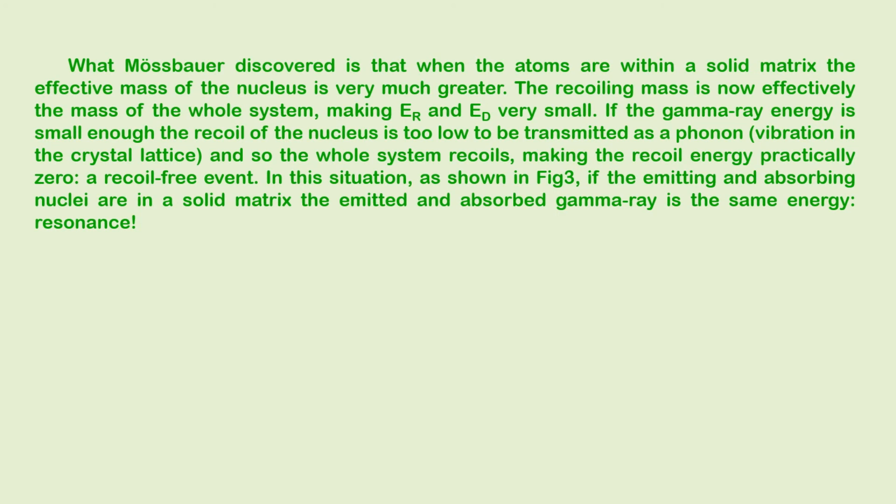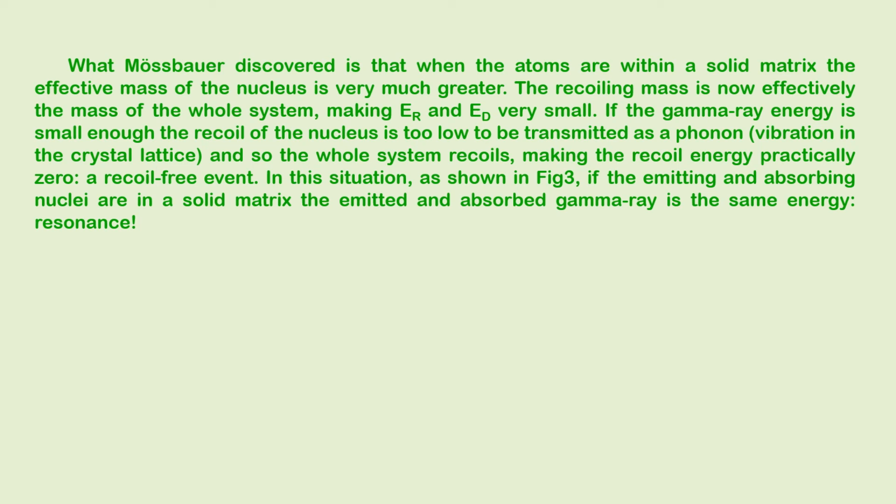Okay, now what Mossbauer discovered is that when the atoms are within a solid matrix, the effective mass of the nucleus is very much greater. The recoiling mass is now effectively the mass of the whole system, making ER and ED very small.